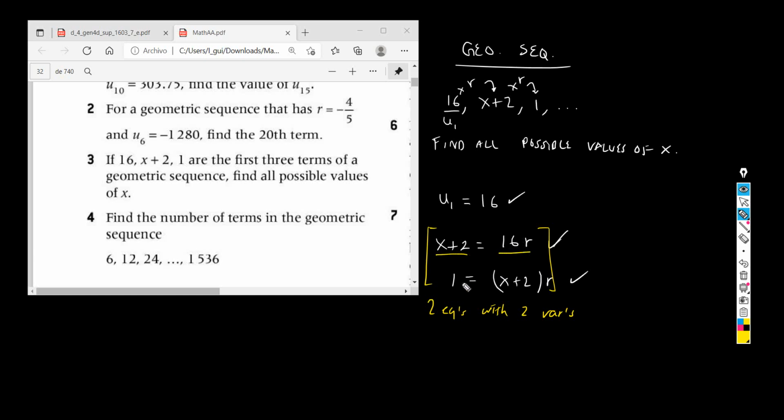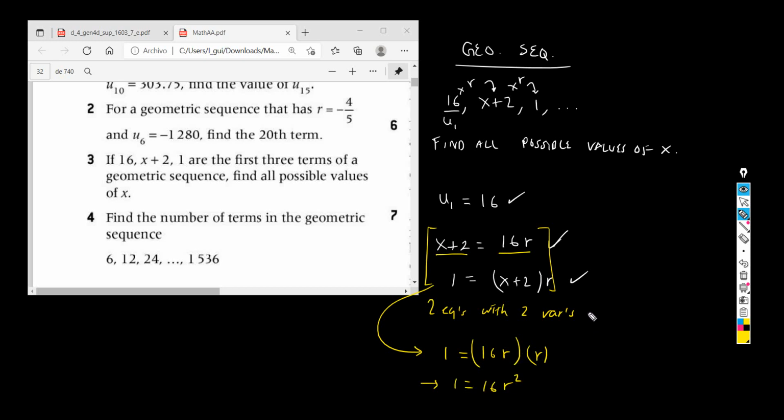In this case, it's very simple because you already have that x plus 2 is equal to this number, 16r. So if I know that, then I can take this equation, guys, and just do this. Look, 1 equals x plus 2, which I know to be 16r. You see what I mean? So instead of writing this, I'm writing 16r times r, and then I can solve this equation for r.